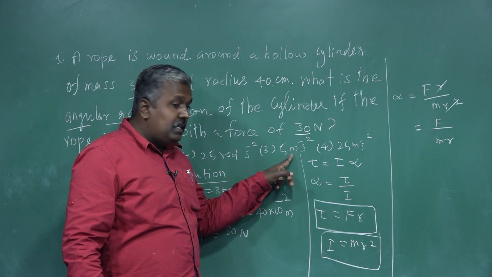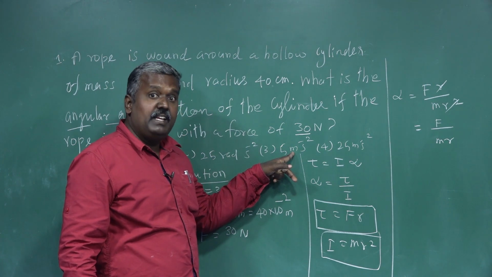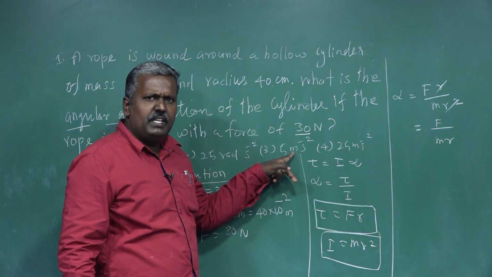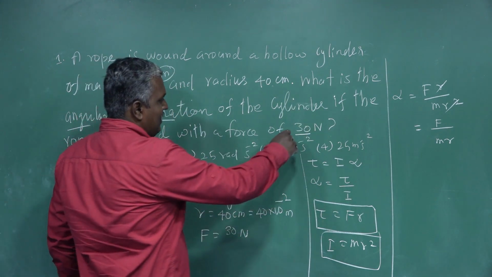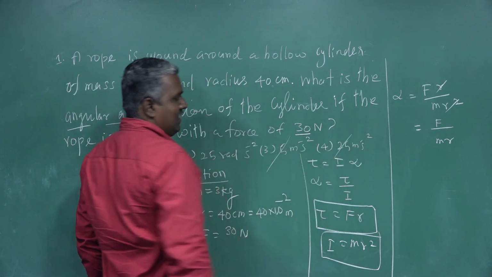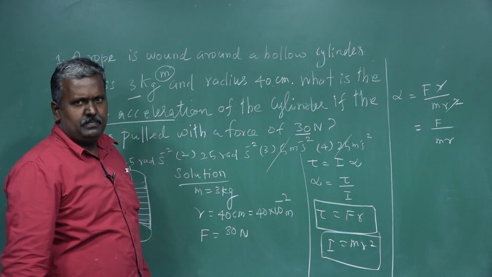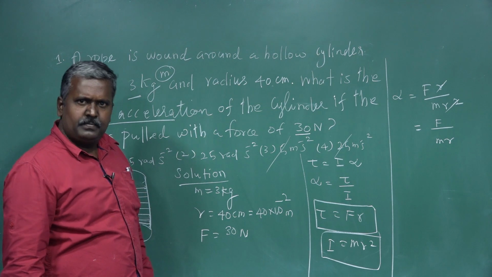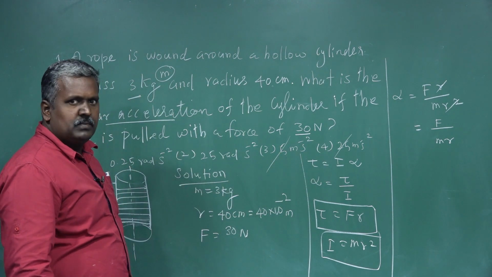What is the meaning of meter per second square? Linear acceleration, the unit of linear acceleration. No need, cancel. This is the selecting method. In the given options, meter per second square does not come. Why?